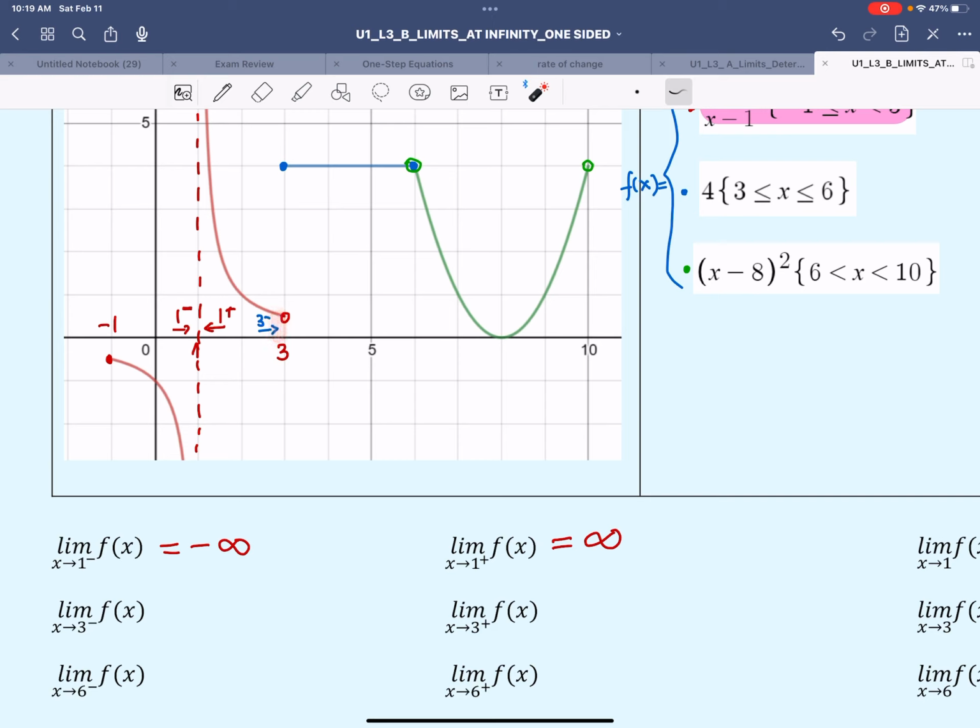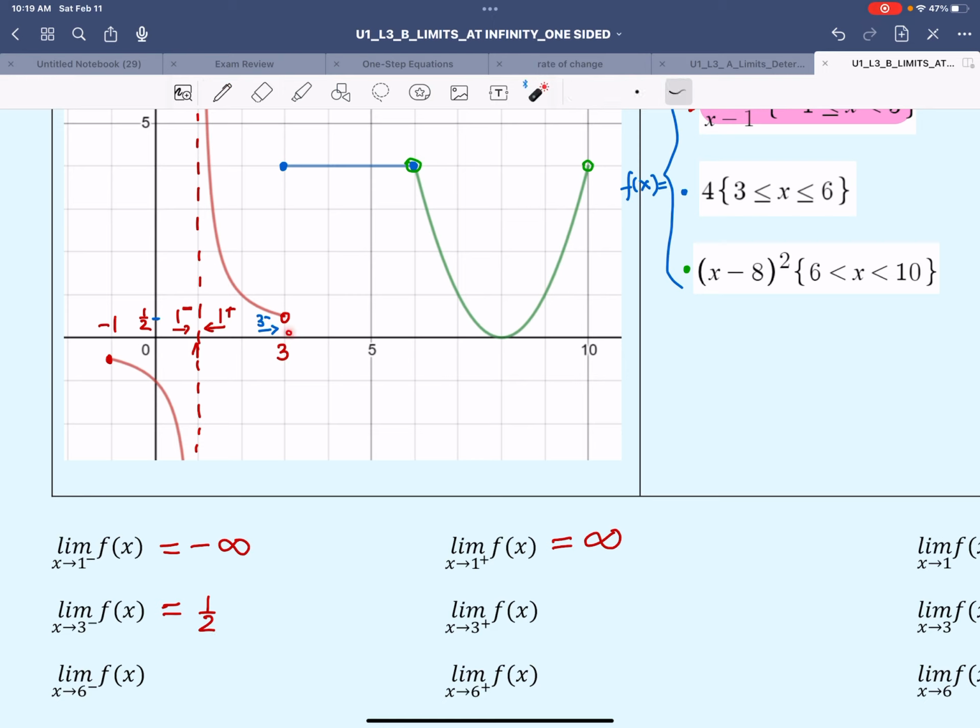So the closer we get to x equals 3, the closer the y values get to y equals 1 over 2. So we are going to say that the limit would be equal to 1 over 2.